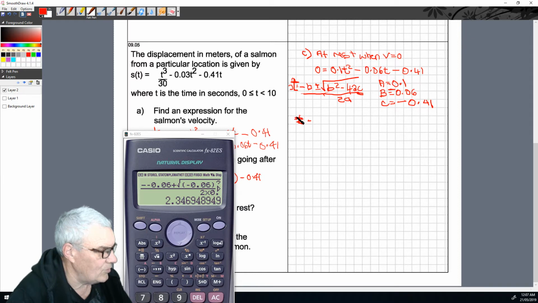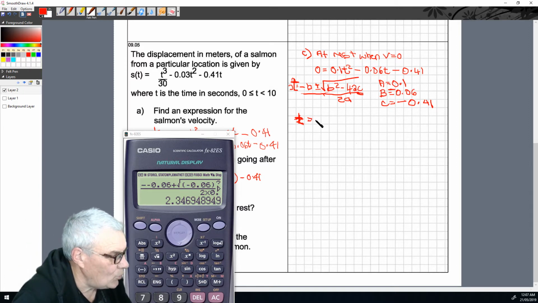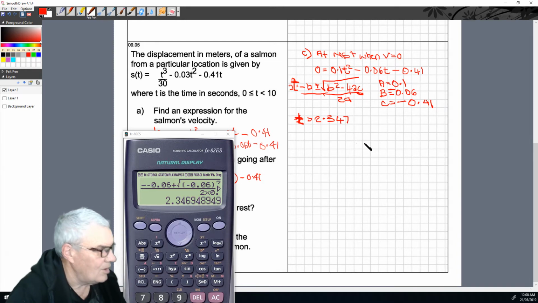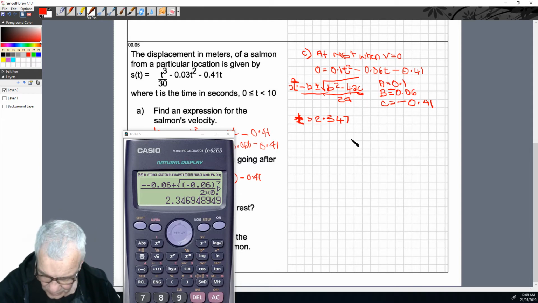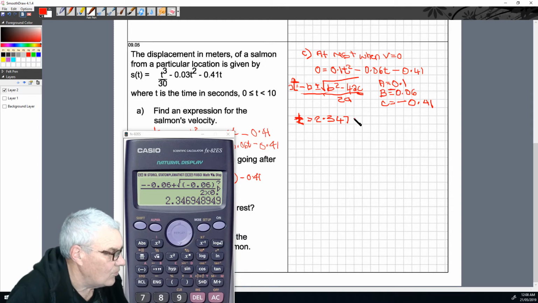So it's very important that you t equals, okay, 2.347 seconds.